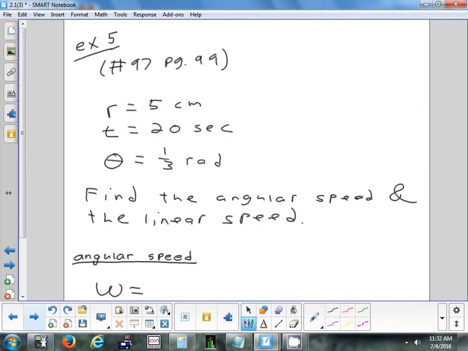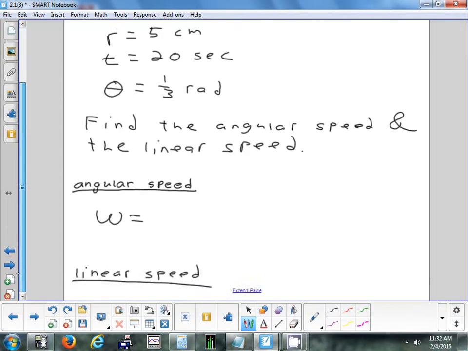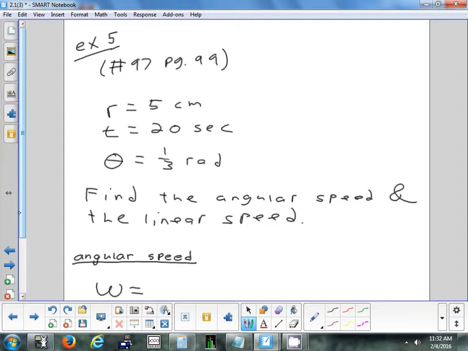And then, after you get that, I want you to convert that to linear speed. I wasn't very specific about units, so let's just convert it to centimeters per second. That's the easiest thing to convert it to, since you already have centimeters and you already have seconds. But you got to get angular speed first.